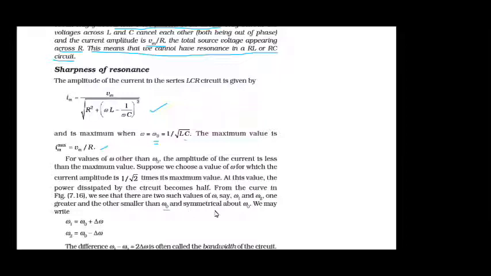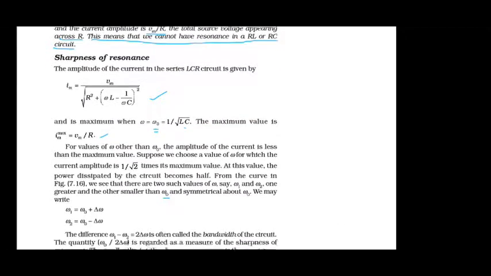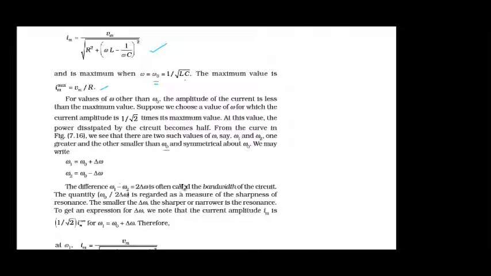They are symmetrical about omega naught. We may write omega 1 is equal to omega naught plus delta omega, and omega 2 is equal to omega naught minus delta omega.